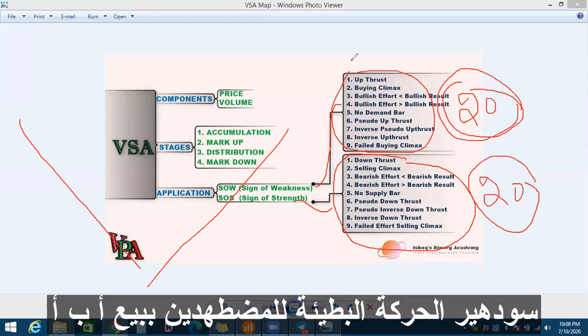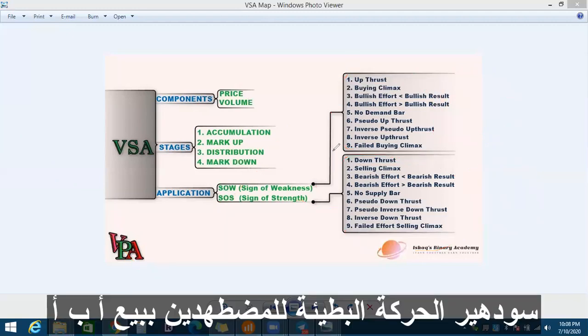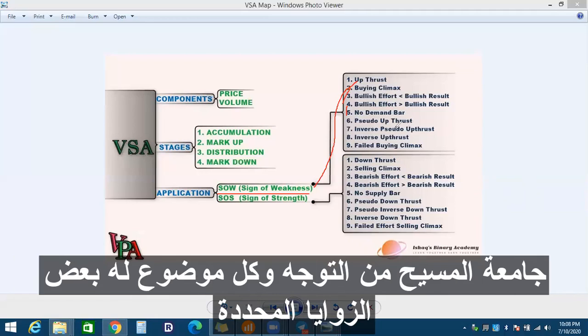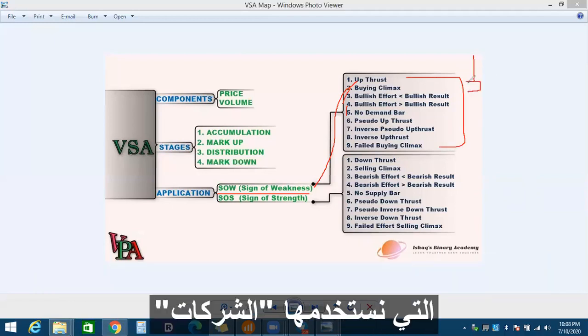So in the SOW movement, these are the upthrust, buying climax, selling effort less than result, bullish effort greater than result, no demand bar, pseudo upthrust, and inverse pseudo upthrust. Each topic has some specified candles which we are using in price action.